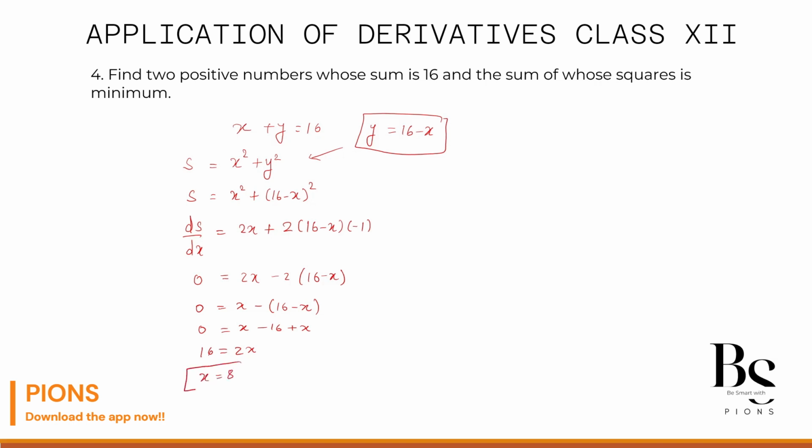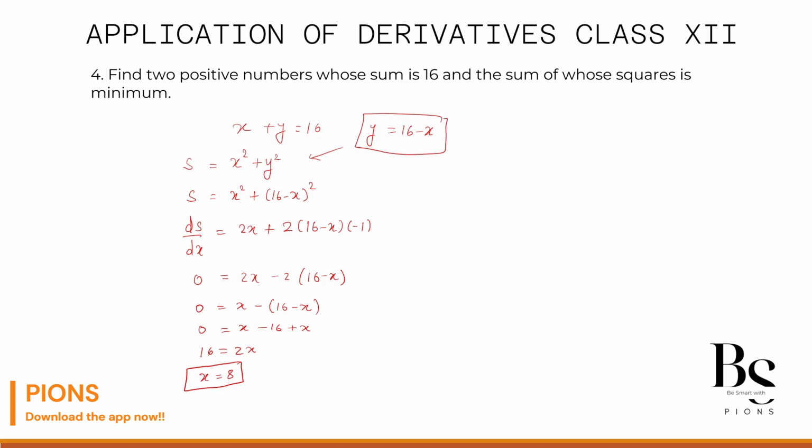Now again I am repeating, this is not the last step. You have to differentiate once again the given equation ds by dx and check if you are getting a positive result by substituting x as 8. It will be positive for minimum, and negative for maximum in the double derivative.